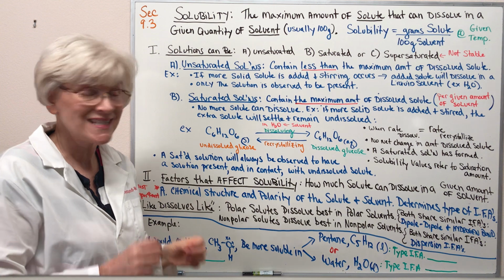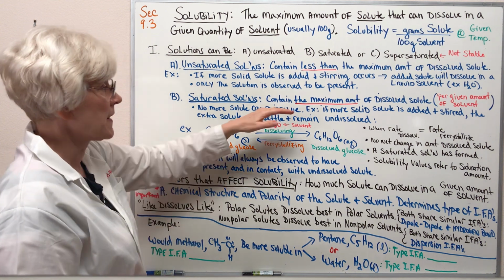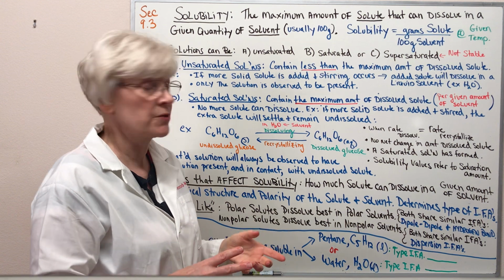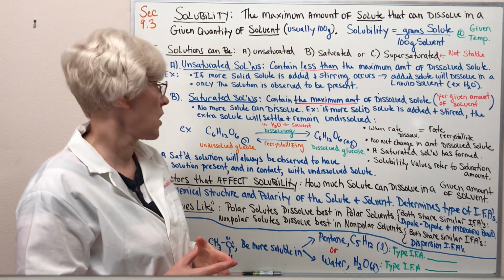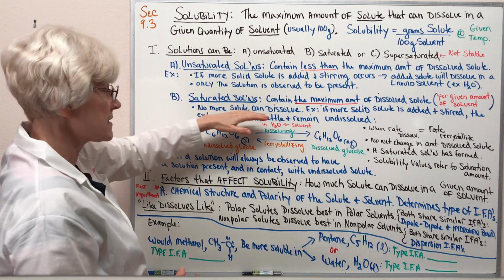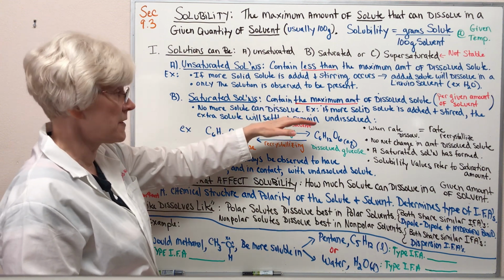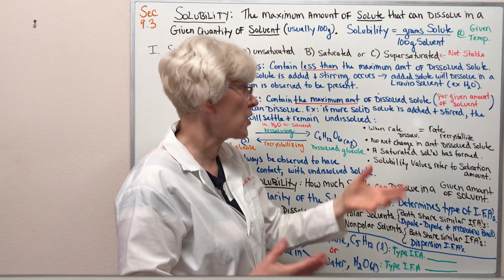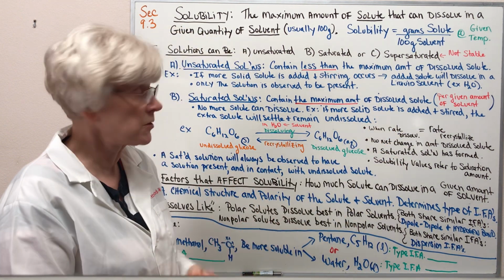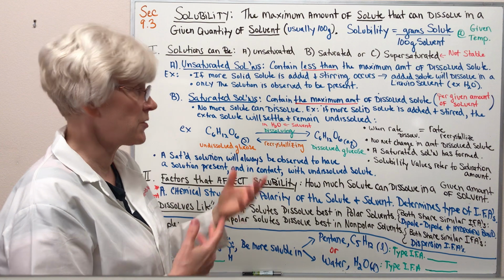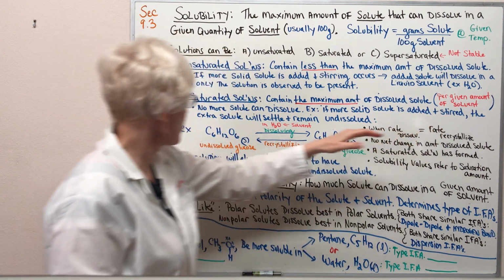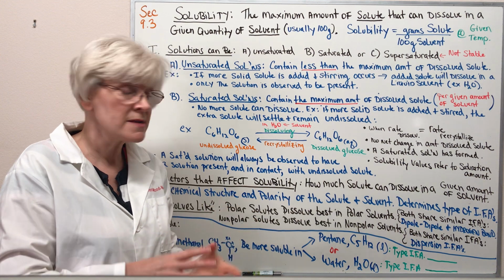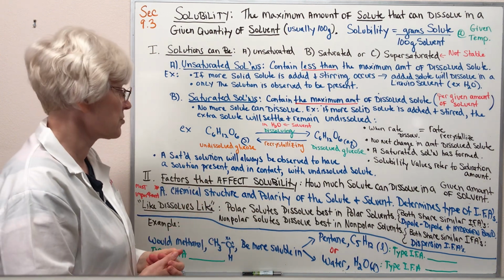If the solution is a saturated solution, it contains the maximum amount of dissolved solute per given amount of solvent. What that means is that no more solute can dissolve in that solution. So if you added more solid solute and stirred, the extra solute would just settle and remain undissolved within the solution.